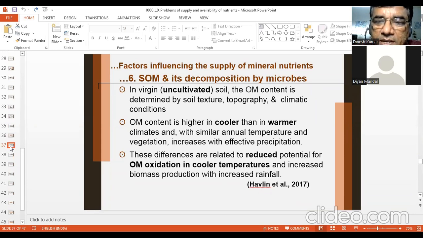If you keep temperature and vegetation constant, then an increase in precipitation or rainfall will increase the organic matter in the soils. These differences are related to reduced potential for organic matter oxidation in cooler temperature and increased biomass production with the increased rainfall. So there is a lot of interaction between climatic factors and soil organic matter content in soil. That part I wish to discuss separately.